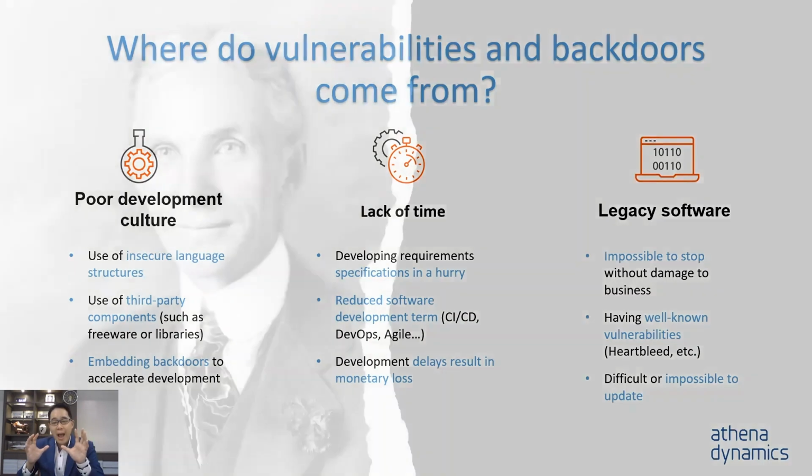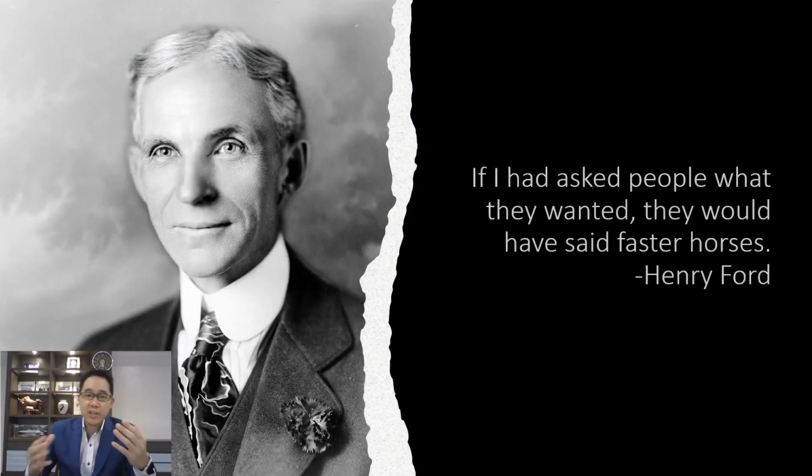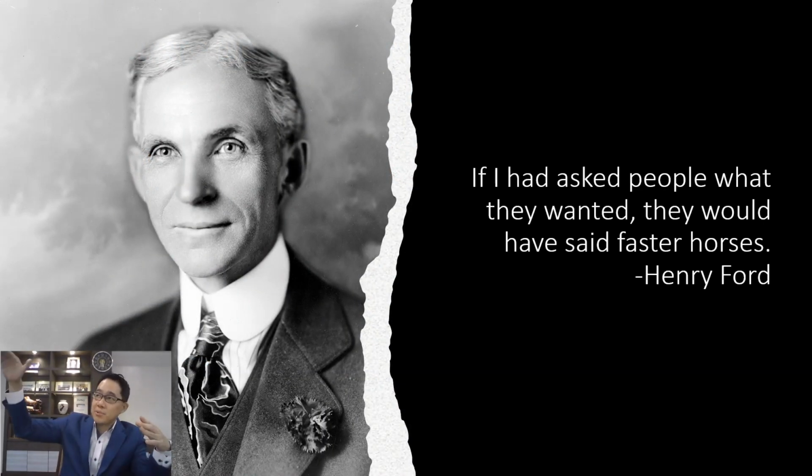Now, to show you how exactly technology goes through leaps and bounds instead of an actual linear curve, I wanted to pick one of my favorite quotes of all time, which is by the inventor of the common commercial car today, and that's Henry Ford, from which we get the famous car brand, Ford. He said, if I had asked people what they wanted, they would have simply said faster horses.